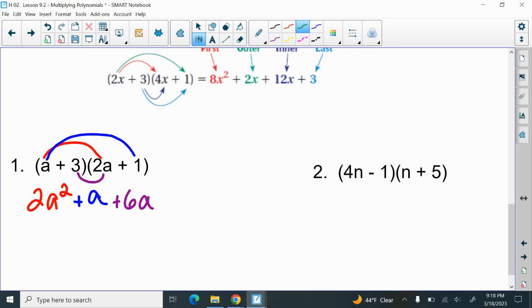And then my last would be 3 and 1. So this is plus 3. I can combine my terms now, which are a and 6a. So my final answer is 2a squared plus 7a plus 3. Take a minute, pause the video. When you're ready, come back and check your answer for number 2.